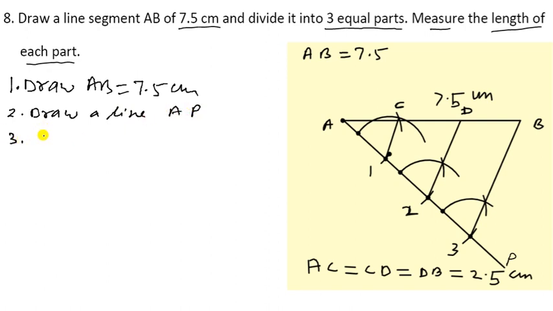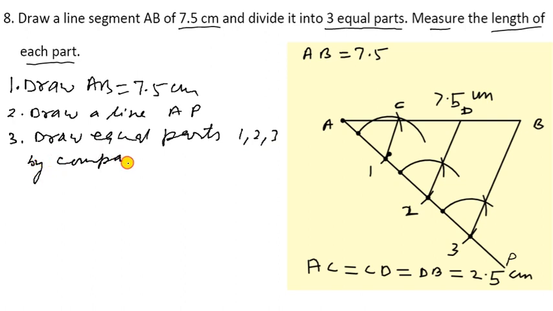Once again you can make from here, and that will be the equal angles. Now once again you can do from here, and this one is looking like this. Now remove your compass, and now join these lines from here.